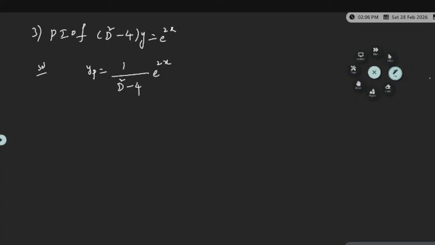If you substitute d equal to 2, what is the output?